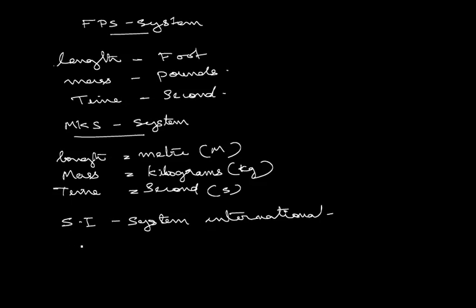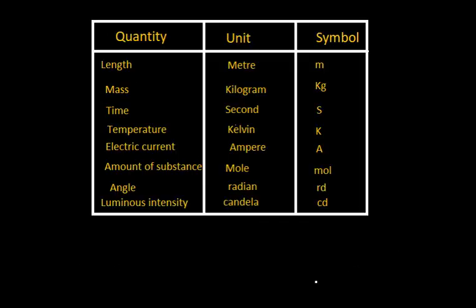According to this SI system, the following symbols are used to represent the fundamental quantities. This chart shows the fundamental quantities and their units and symbols in the SI system. Always we can use this standard system.